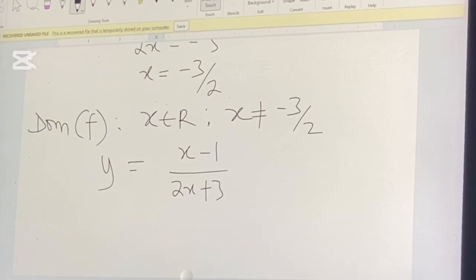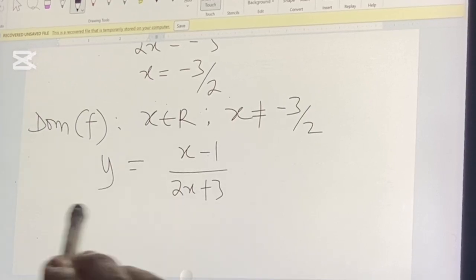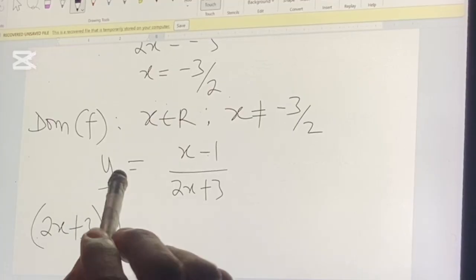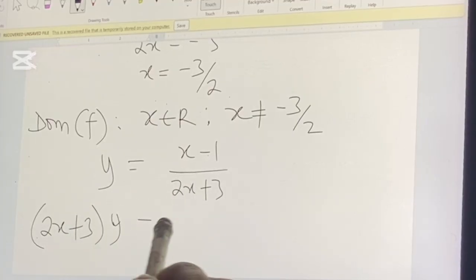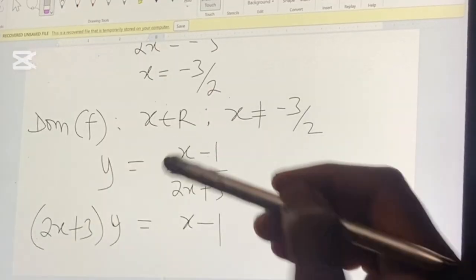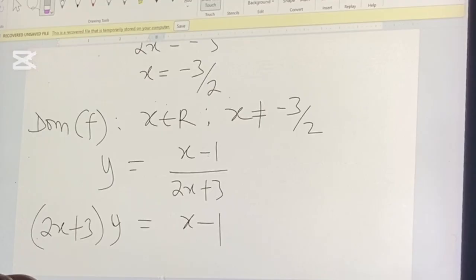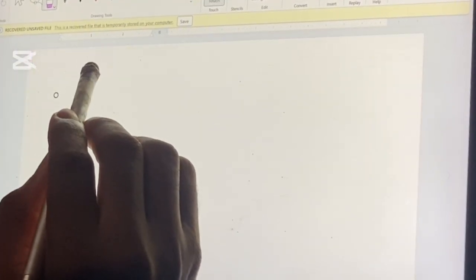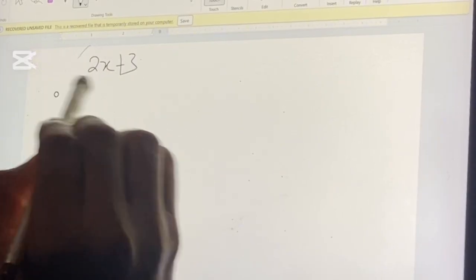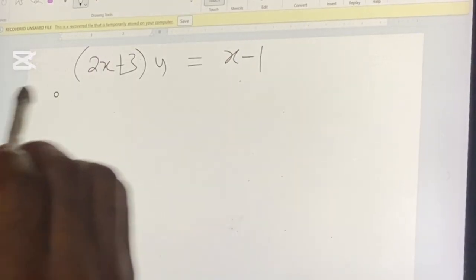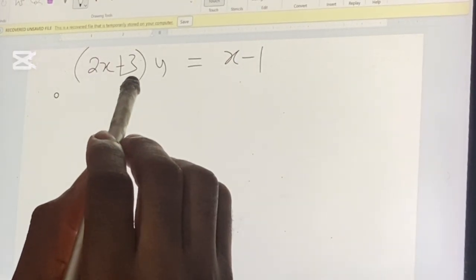So now let's make s the subject here. I will have, class, 2s plus 3 times y, that is when we cross multiply here, will be equal to s minus 1. Our intention here is to make s the subject, but in mathematics, whenever there is involvement of a bracket, you open the bracket. I have 2s plus 3 times y is equal to s minus 1.